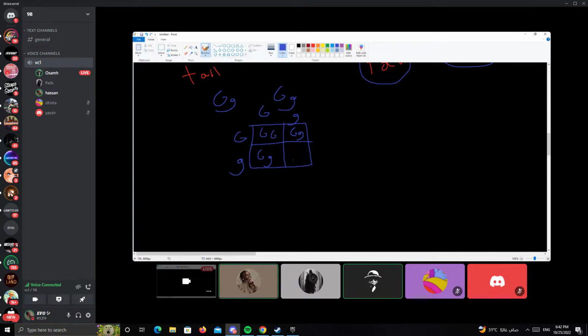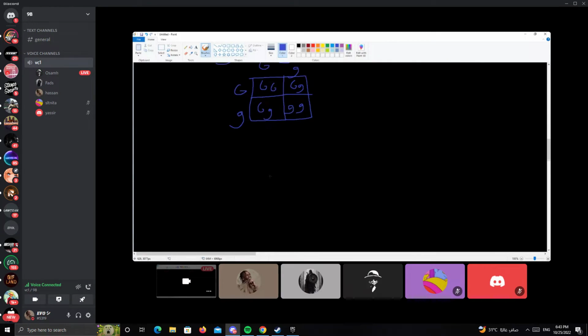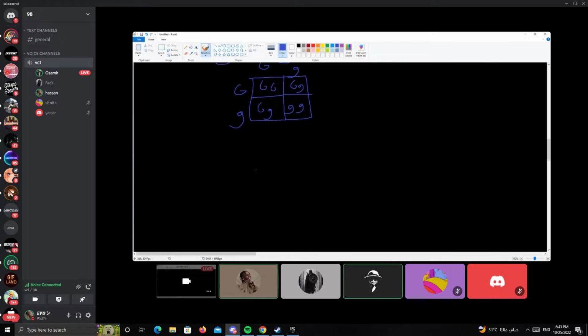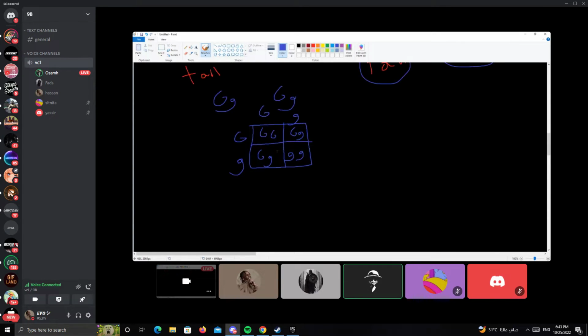G lowercase g, also still green. And then lowercase g lowercase g, which is gonna be yellow. Each one has the same chance, so each one's 25%. If 3 of them are gonna be green, then it's 25 plus 25 plus 25. So 75% chance the offspring is gonna be green, and only one here, so 25% chance the offspring is gonna be yellow.